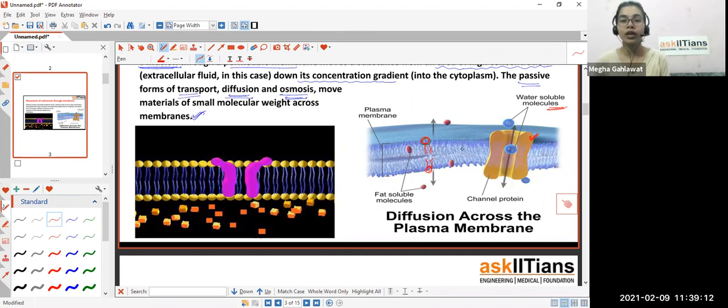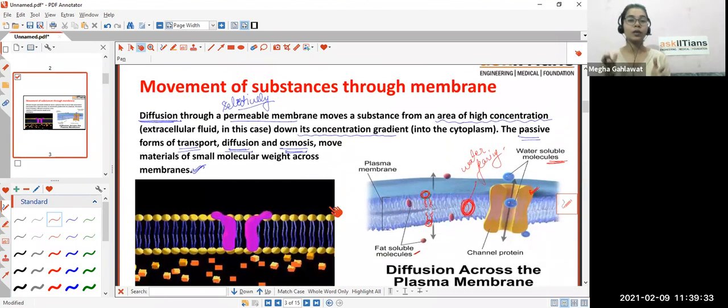Why? Because the middle of the membrane is made up of the hydrophobic, water fearing tails of the lipid molecules. But the fat soluble, lipid soluble molecules can pass across the membrane quite easily. So that is how the movement of substances takes place across the membrane.